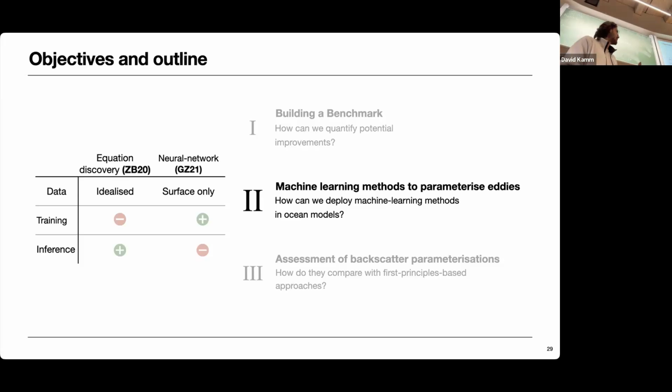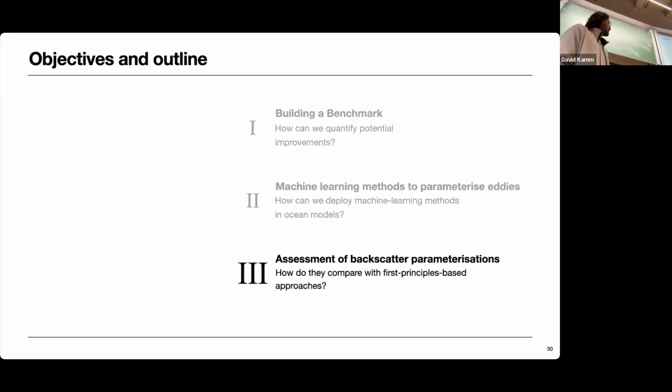To be fair, they learned an equation that was already more or less known beforehand. While in the neural network approach, you could potentially really learn new physics. You don't need to constrain the model that much. On the inference side, once you implement it, the equation discovery approach is definitely advantageous because it's cheaper and more straightforward, while the neural network approach is definitely more challenging.